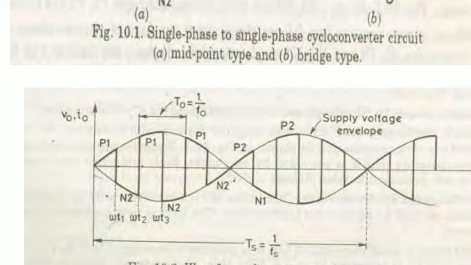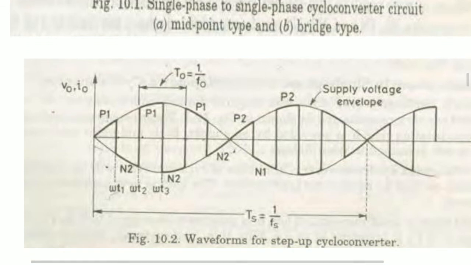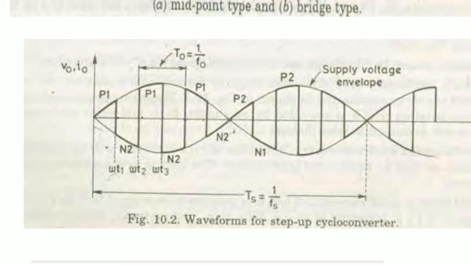So in this way, we are getting so many cycles in only one cycle of the AC input voltage. That means TS is equal to 1 upon FS, a standard formula for the time period.